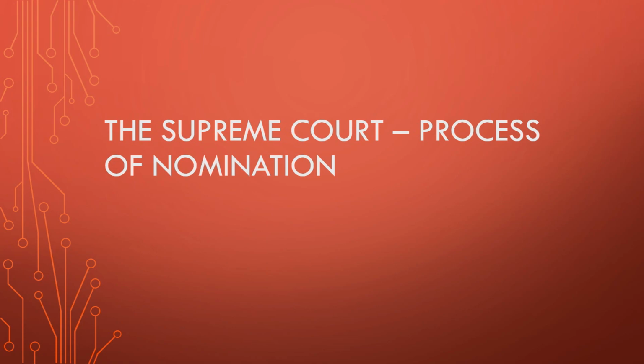So today, as you can see, we're going to be talking about the process of nomination and how somebody can go from being a judge somewhere else in the American justice system to being a Supreme Court judge, and what the process is for that happening. If you're paying attention to the news in the last couple of years, Brett Kavanaugh has gone through this process and saw quite a lot of controversy surrounding it at the time.